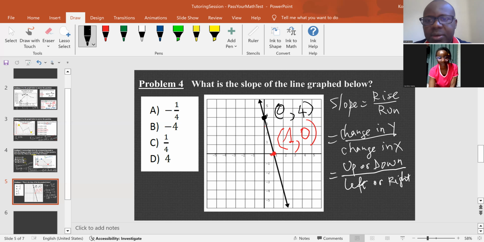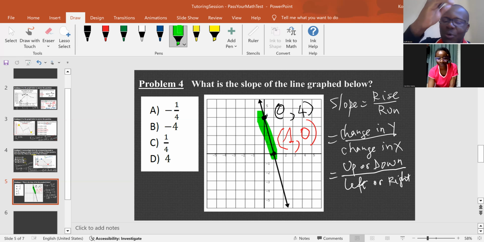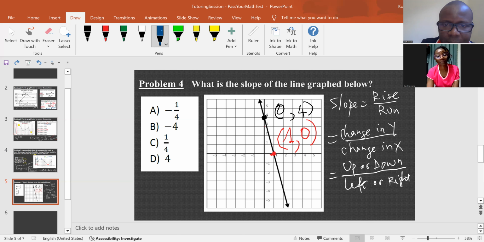To find the slope, we have to use the rise over run, which is one of the methods. So change on Y. You're going to move from one point to another point, but you move vertically. We will not move diagonally. We're going to move vertically. I will move from this red point, which is on the X line, and I move vertically to reach the same level as the second point, the black point.